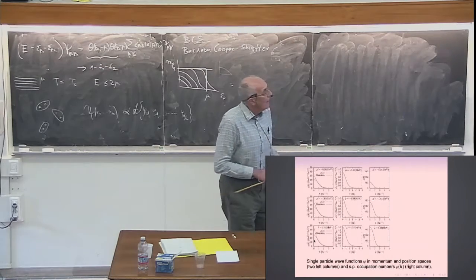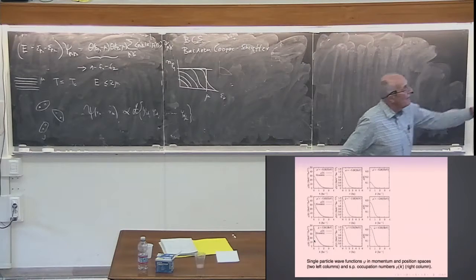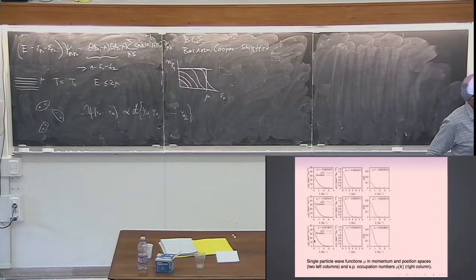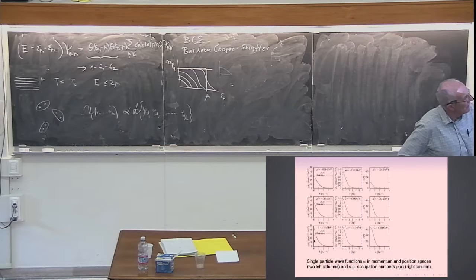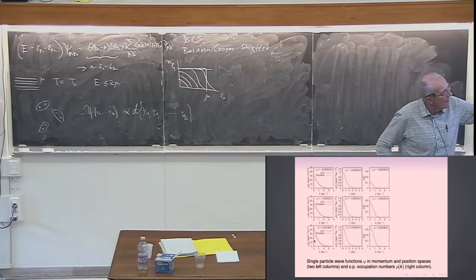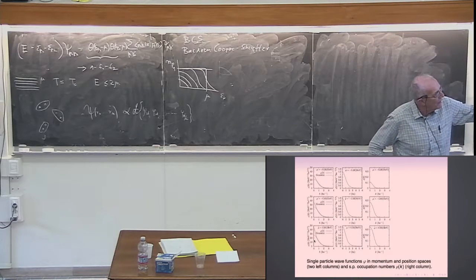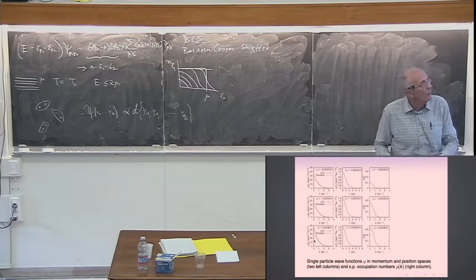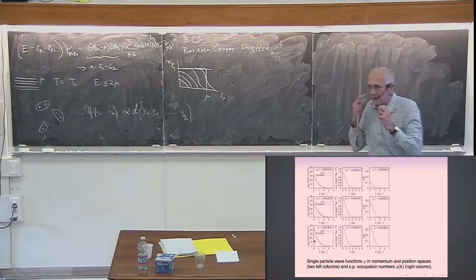Here you see the occupation numbers in the case of the quartet and the deuteron. It goes up here to very small values for negative mu's and goes up a little bit, but it stops at mu values slightly positive, and you cannot go beyond. The four-body equation has no solution anymore.